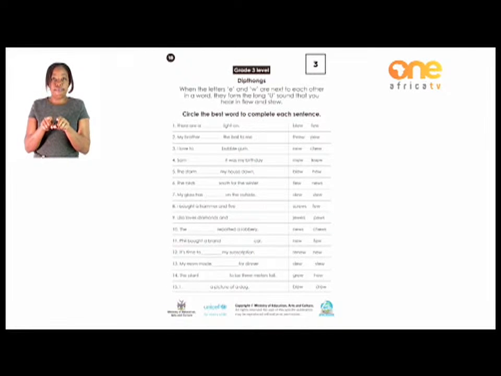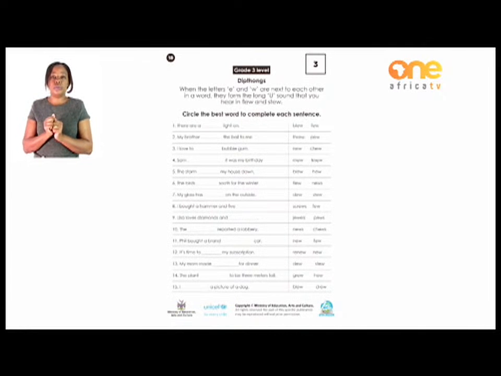Are we together? That is what we call diphthongs. Okay, so we are going to look at the E for an elephant and the W for a watch. When the two are together, they will give a sound of a long ooh. You say ew. That's a long sound that we hear.